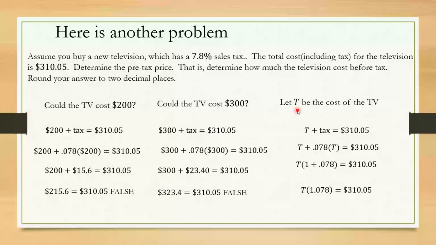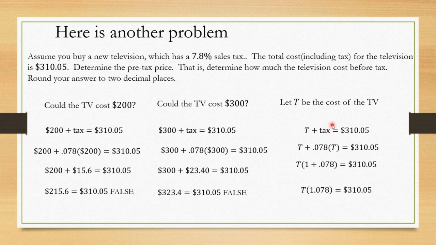So I'm going to call that capital T. If T were the cost of the TV, then T plus the tax would have to equal this. But how do you get the tax?